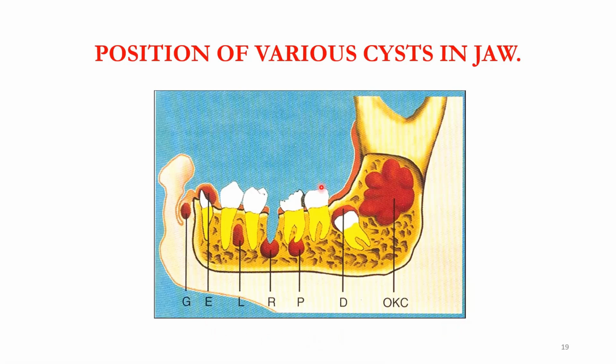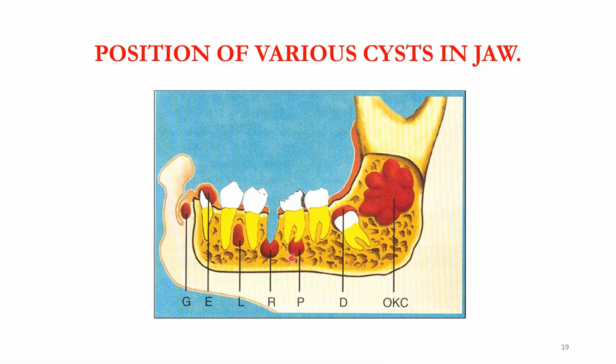I have just put up this image. Visual things are always retained better. So remember this picture to understand the location of different cysts in one go. Odontogenic keratocyst is in the ramus of the mandible, or you can say posterior mandible. Dentigerous cyst is associated with the impacted tooth, attached to the crown.